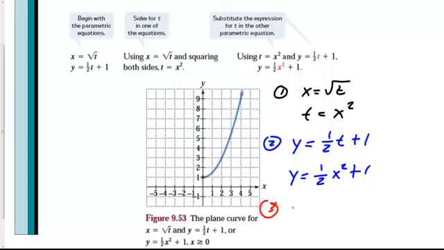In this case, this becomes a function now, and we can graph it from x is greater than or equal to 0. So we'll graph this particular equation, and you can see the graph of this equation from x is greater than or equal to 0.